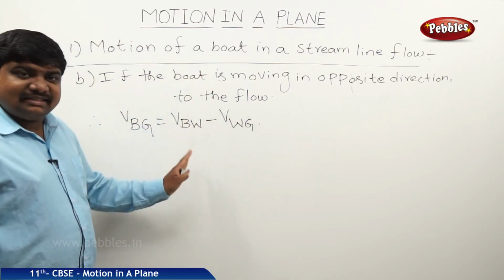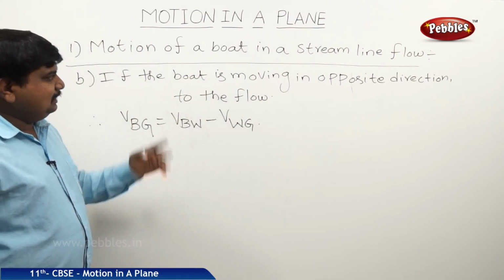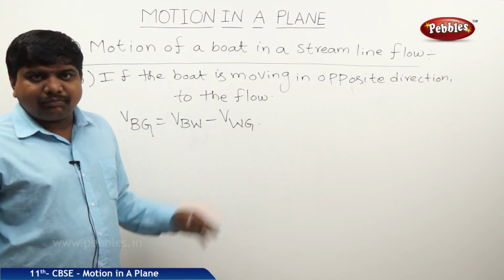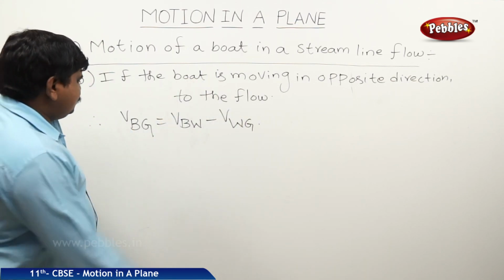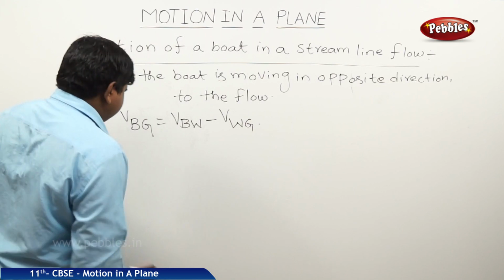This minus indicates the oppositeness between the boat and the water. So this is the equation.